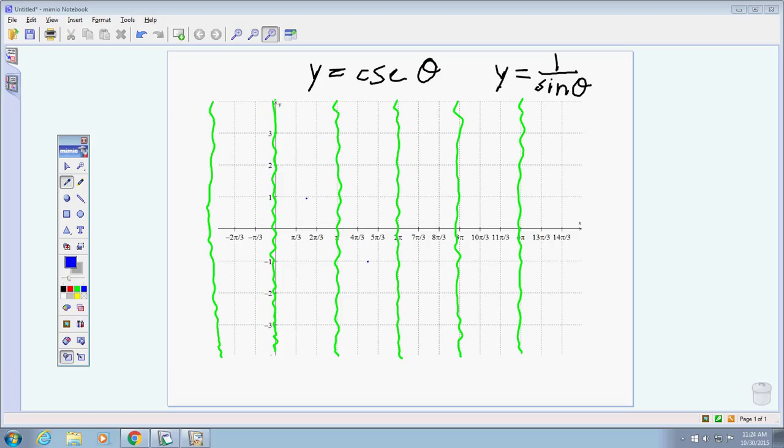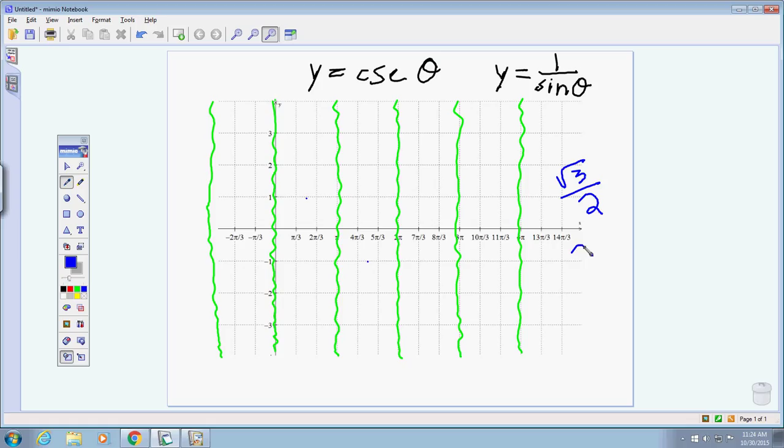Not 1/2. What's the other one? Right? So now when I put that in for sine theta, when we're doing the reciprocal, 1 divided by root 3 over 2, the reciprocal of root 3 over 2 becomes 2 over root 3.